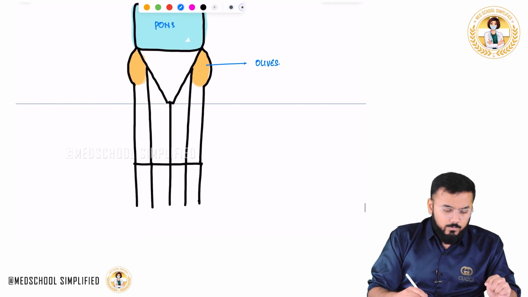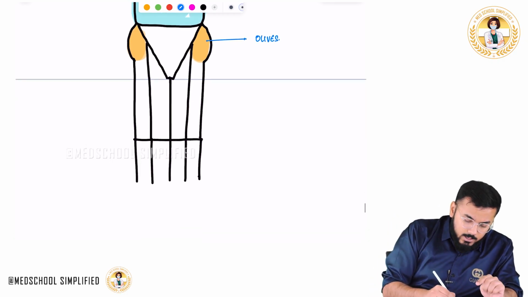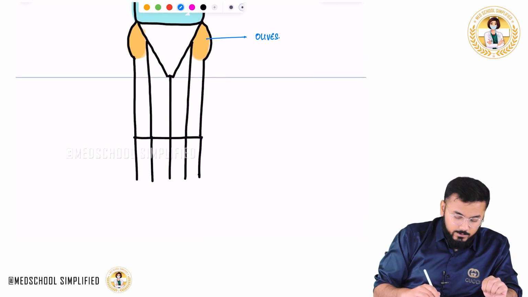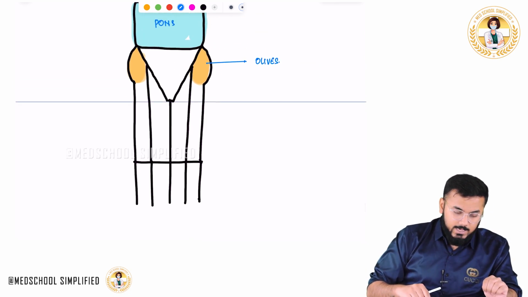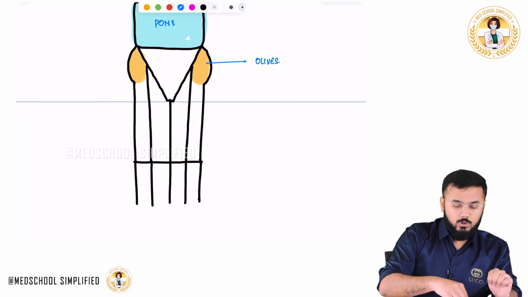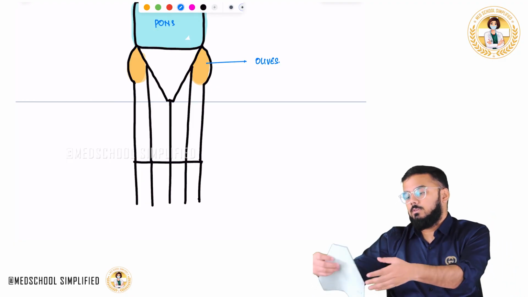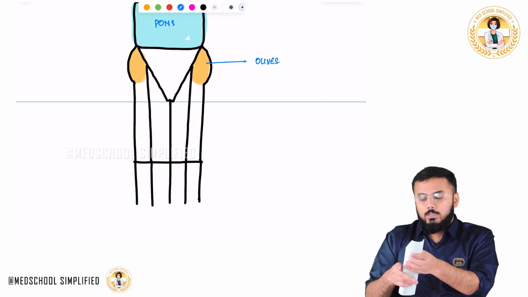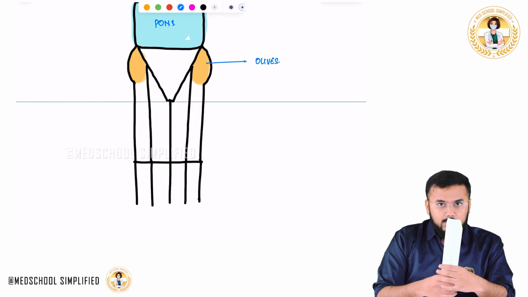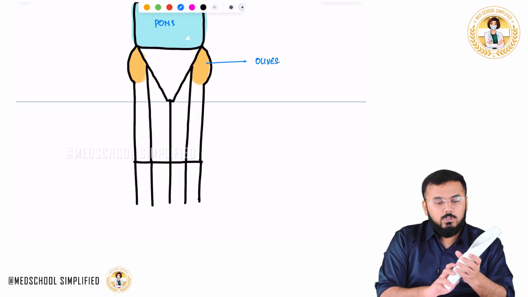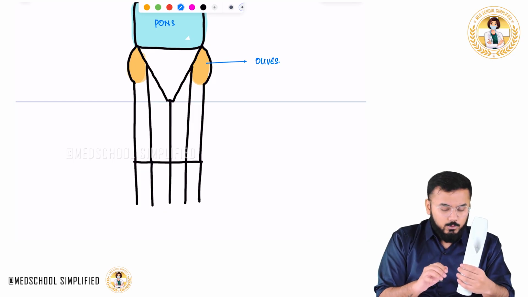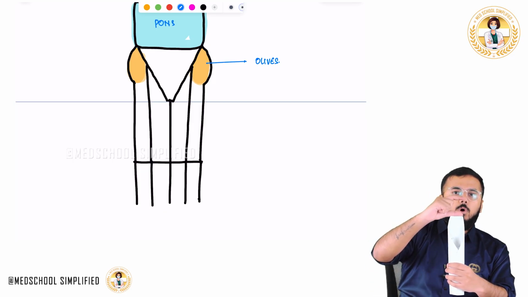Next important thing is the center over here. I want all of you to just imagine the thing I am showing you here. This is your anterior surface and this is your posterior or ventral surface, and here you have the pons.